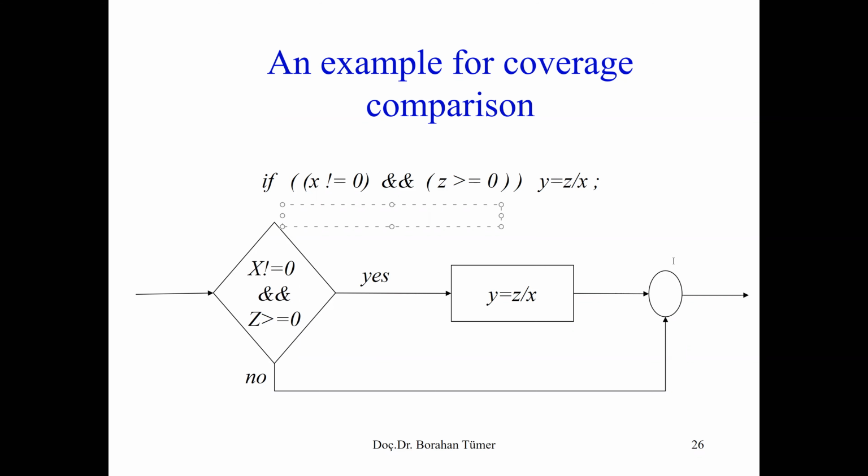That's also possible. Or you can cover true false and false true. So using two test cases in both ways, you provide a complete condition coverage criteria. Ertuğrul, do you understand? Okay, you're welcome.